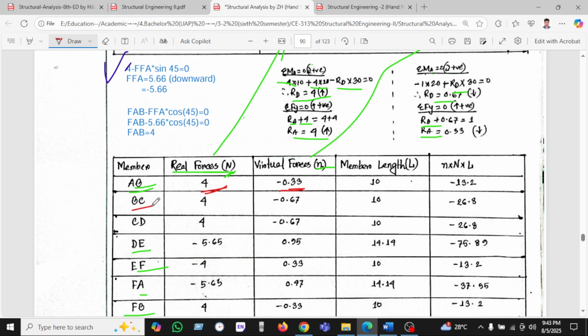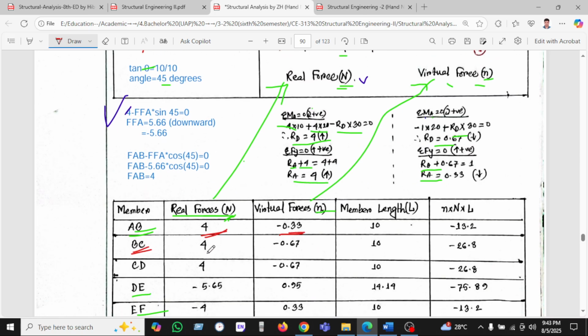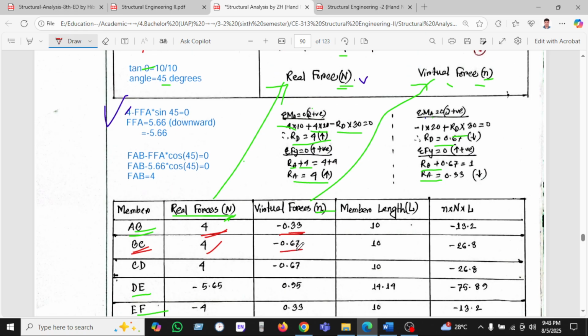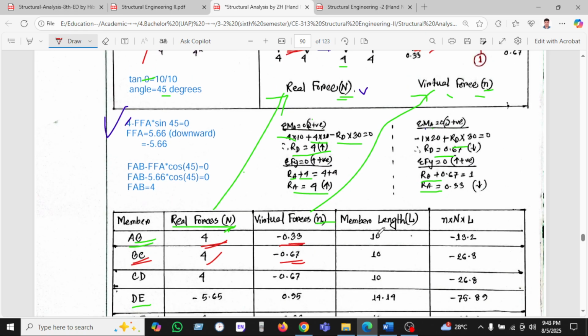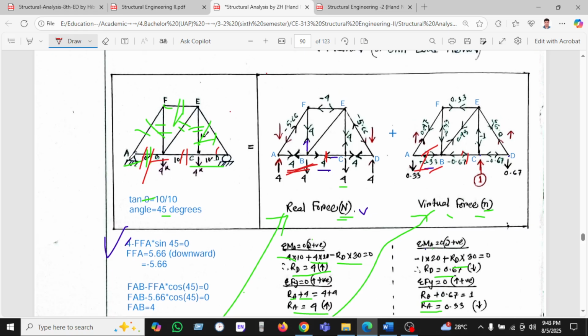In the same way we can take BC. The BC member has 4 as the real force, and the virtual force we found is minus 0.67, here, and then the length. I'm just keeping the length here. How we calculate the length is given here.